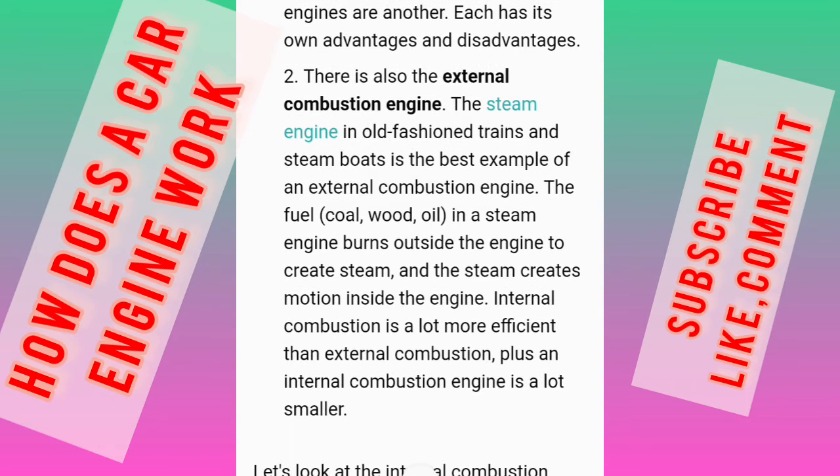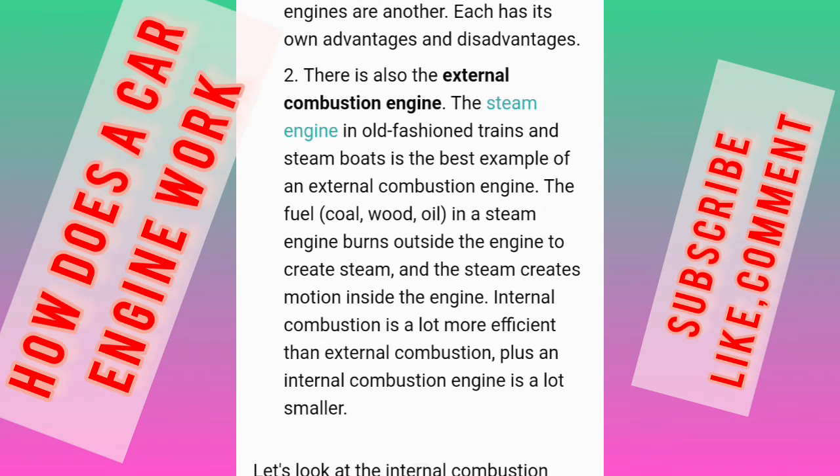The fuel (coal, wood, oil) in a steam engine burns outside the engine to create steam, and the steam creates motion inside the engine. Internal combustion is a lot more efficient than external combustion, plus an internal combustion engine is a lot smaller.